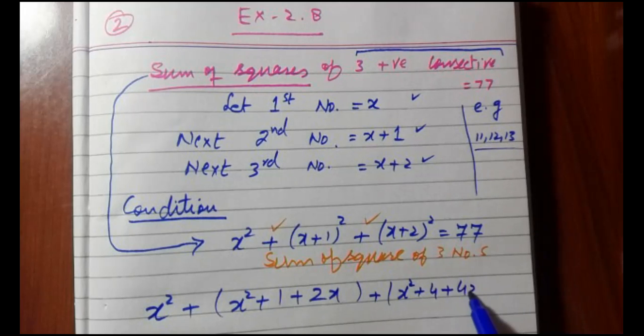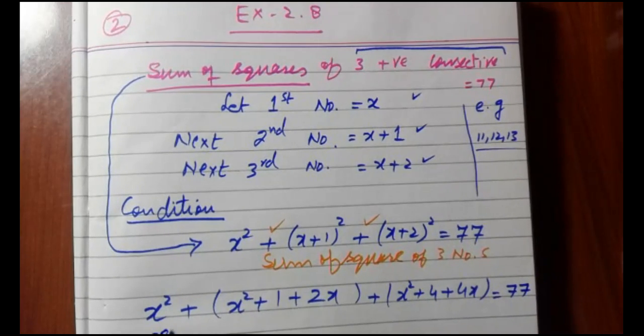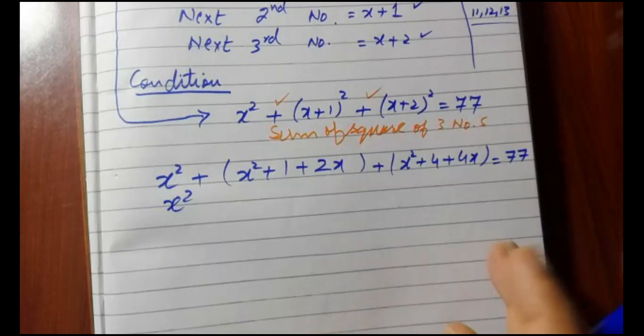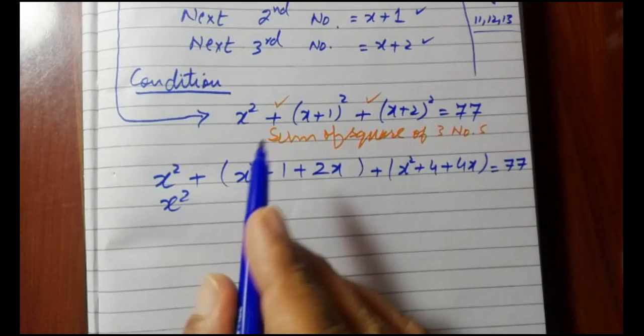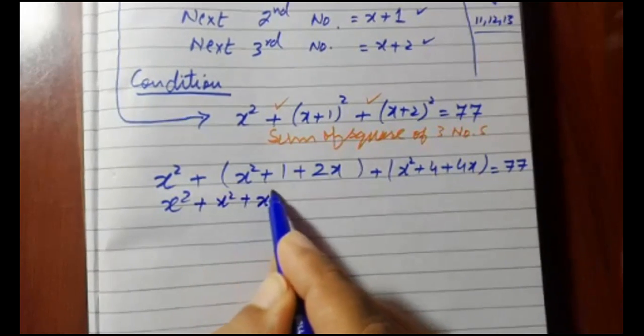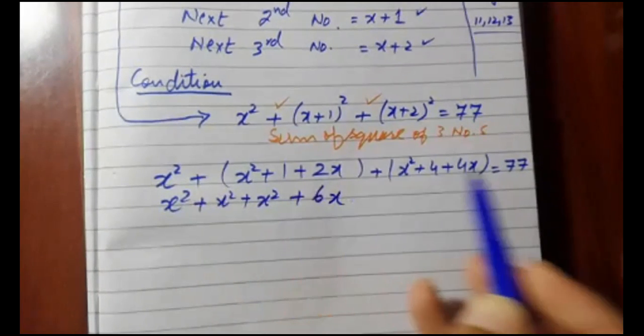I have expanded two squares, and this equals 77. Once it is done, you will get x square, there are three x squares. 2x and 4x collectively become 6x, and 4 plus 1 will be 5.